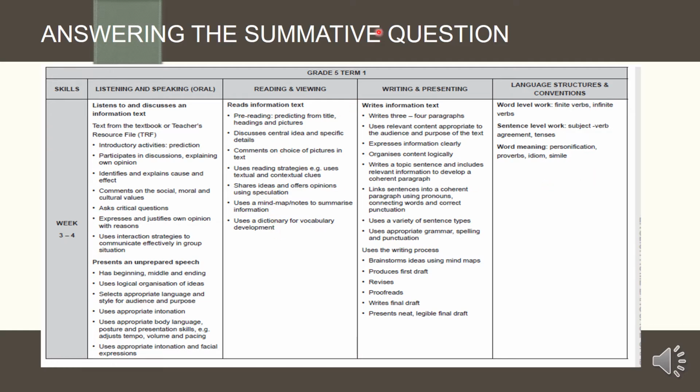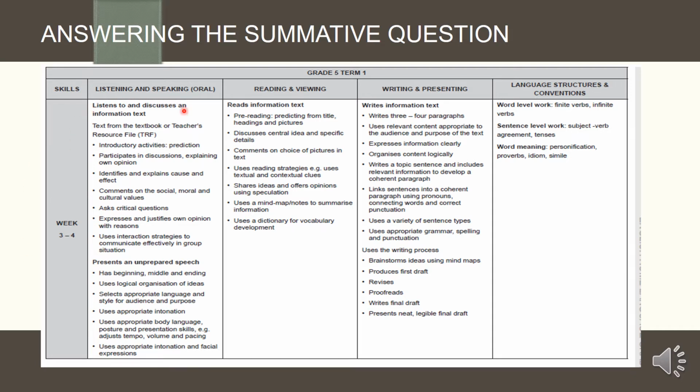These are teaching guidelines of how to perform a listening assessment, a reading assessment, a writing assessment, and this would be a guideline of what you are expected by CAPS to test on your worksheets or your test according to the topic at hand.